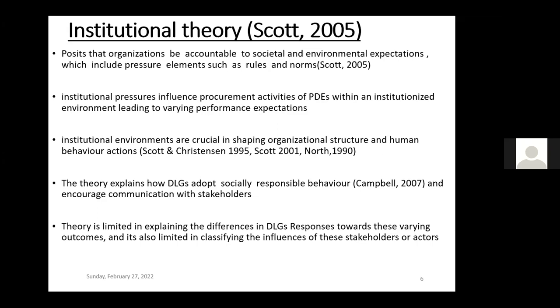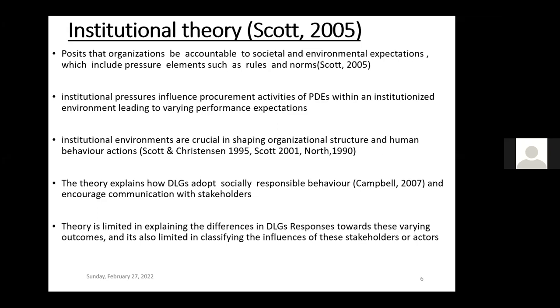So we note that the institutional theory is very fundamental here in explaining how the district governments are adopting socially responsible behaviors from the technical personnel who are charged with implementing and designing these roadworks contracts through a series of communication with stakeholders.